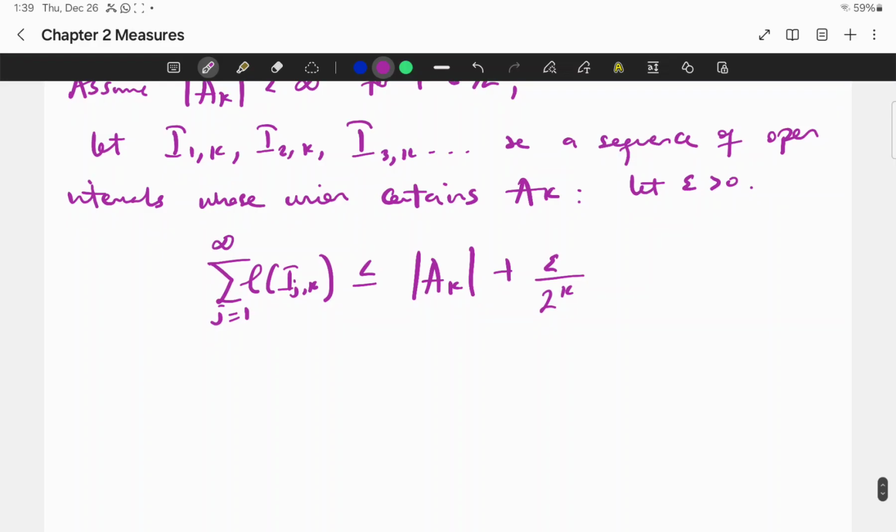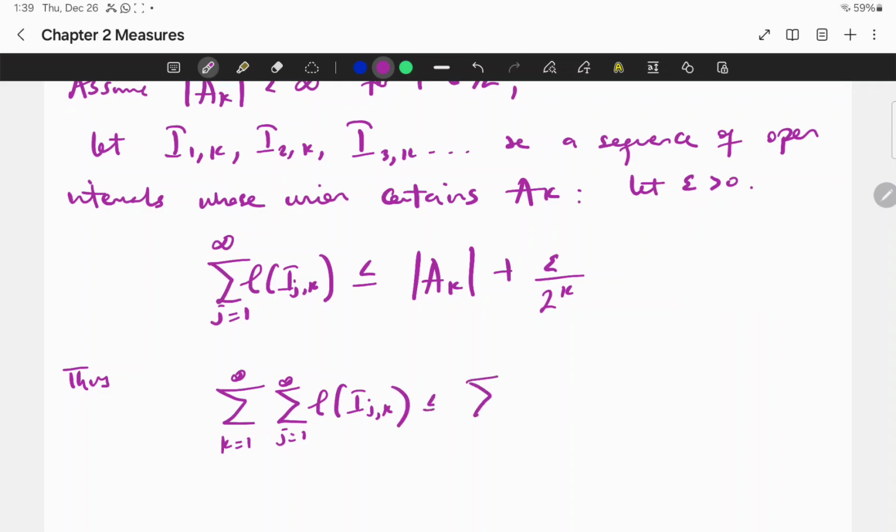So then if we now take the summation over all k equals 1 to infinity, the sum of the outer measure of A_k plus the sum over k of epsilon over 2^k.